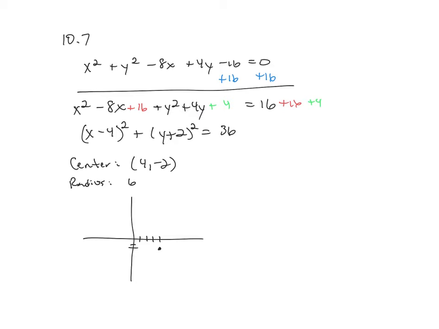I'm going to go 6 in each direction. 1, 2, 3, 4, 5, 6. 6 to the right, 6 to the left, 6 down, 6 up, and then I can make my best circle.